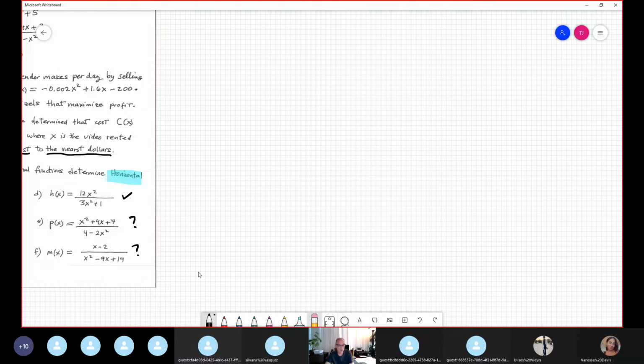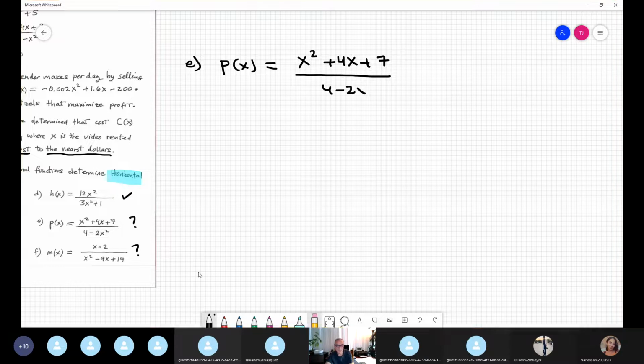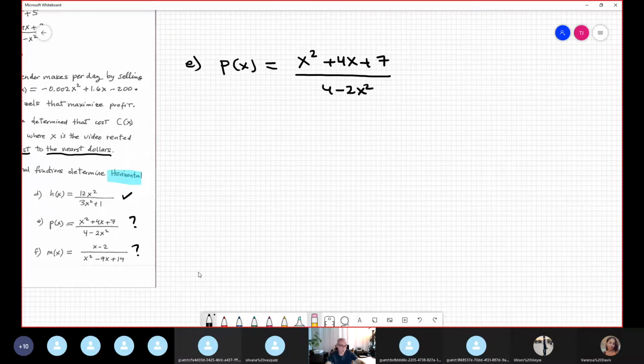Okay, let's move on to part E. P of x is equal to x squared plus 4x plus 7 divided by 4 minus 2x squared. Well, the trinomial x squared plus 4x plus 7 is also prime.